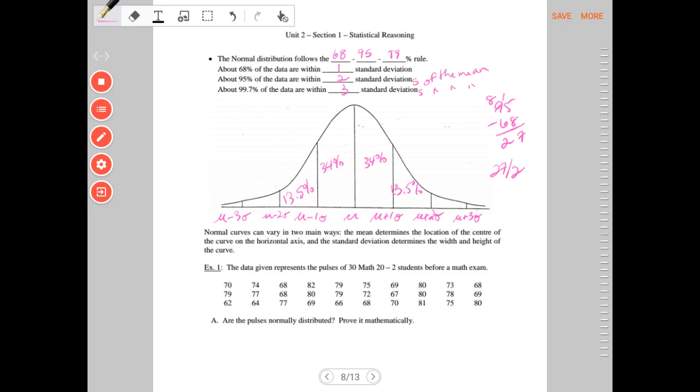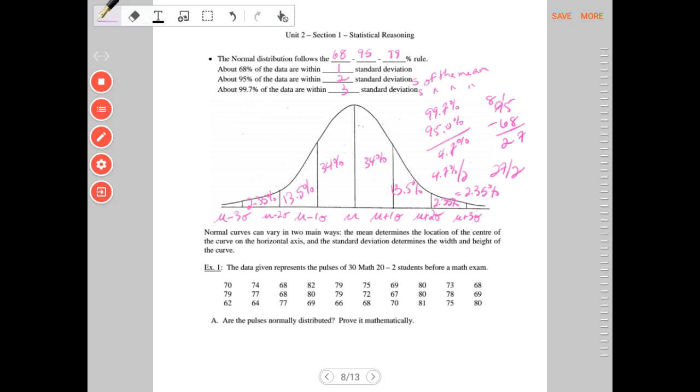Next, we have 99.7 within 3 standard deviations. Again, that already includes the 95%. So when we subtract those, we get 4.7%. That represents this and this, so we divide that by 2. So this is 2.35%, and so is this.